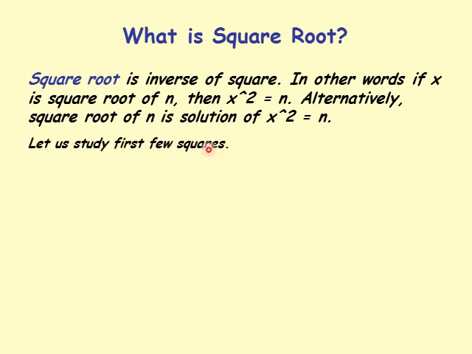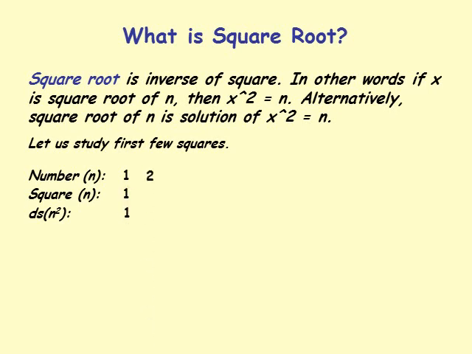Let's study the first few squares. We're going to look at some numbers, their squares, and the digit sum of the squares. The first number is 1, its square is 1, and the digit sum of the square is 1.